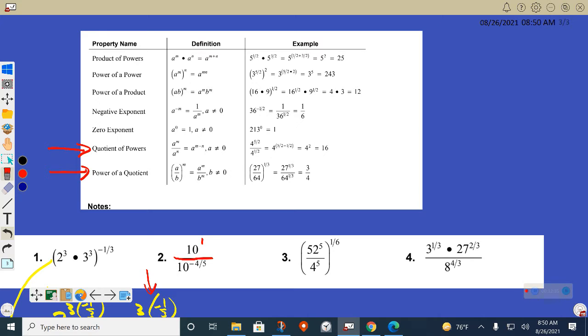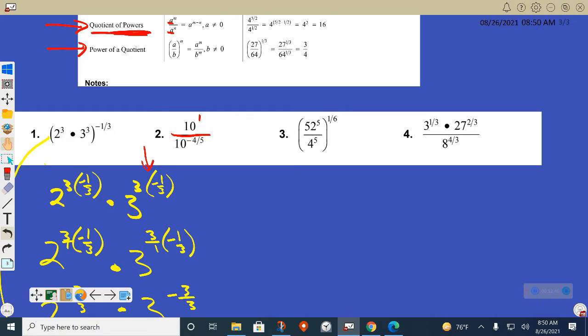I'm looking at the quotient, the 6th one right here. If you have the same base and you're dividing, that's precisely what we got, right? We have a base of 10 here and a base of 10 there, and you're dividing. That sure looks like a quotient of powers situation. So all you've got to do is subtract the exponents.